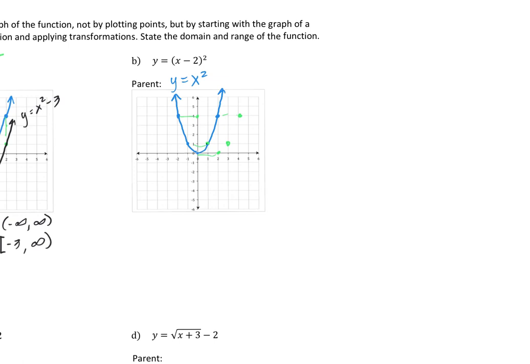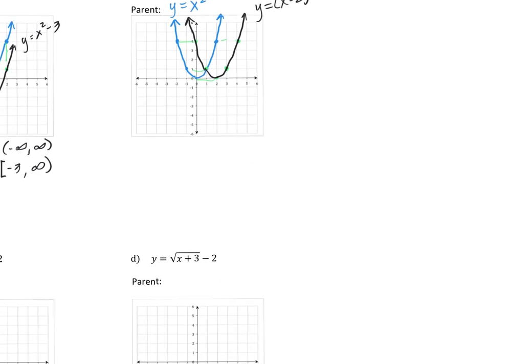And my graph will be this parabola or this squaring function shifted. Now I changed my x value, however my original domain was all real numbers. So since my original domain was all real numbers, shifting left or right is not going to change my domain.